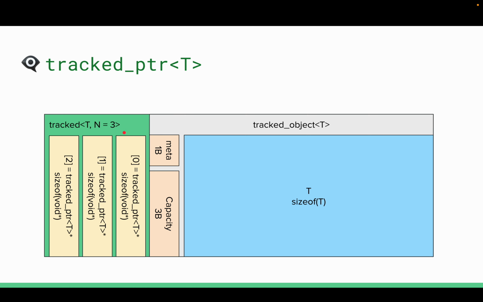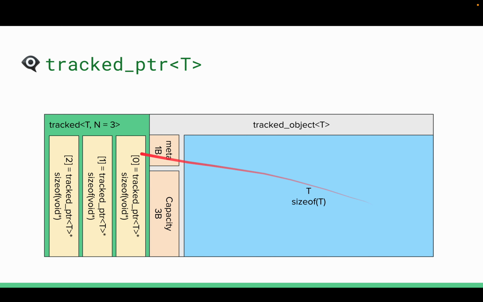And it takes a little bit of work. So with tracked, what we actually have is this kind of nesting of objects. Our T is allocated here. The tracked object owns the memory in its entirety of the object that it's going to be an instance of.